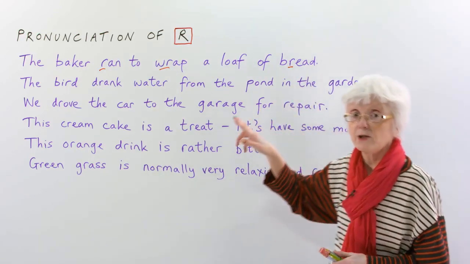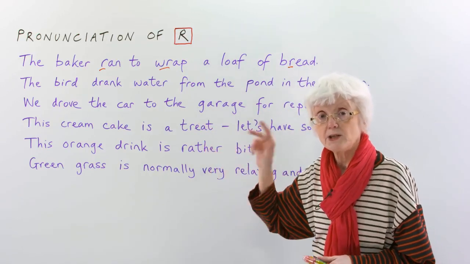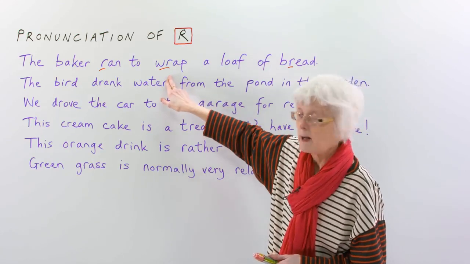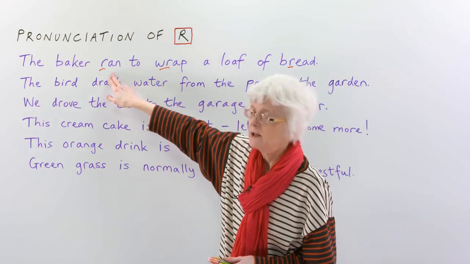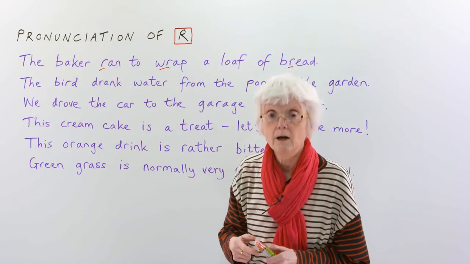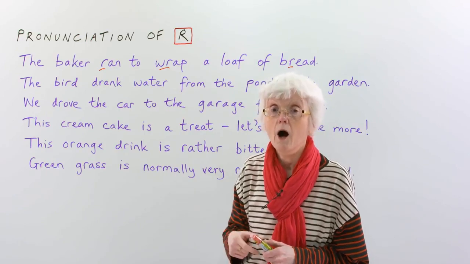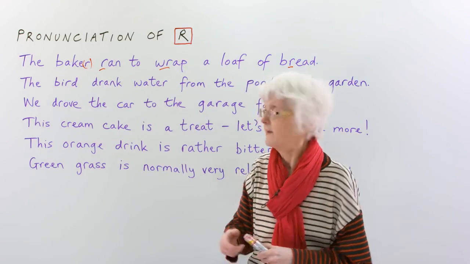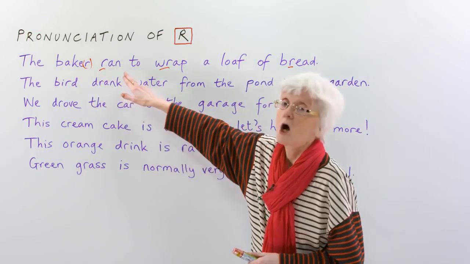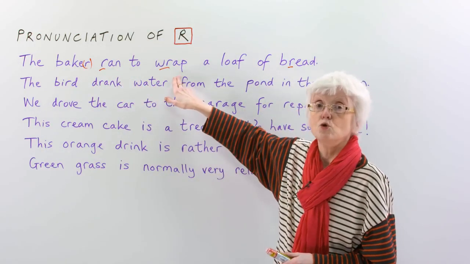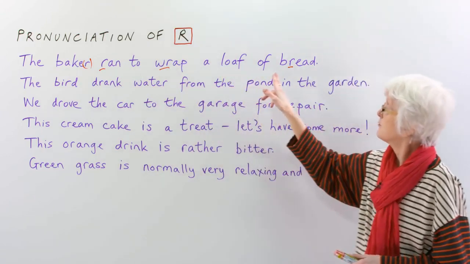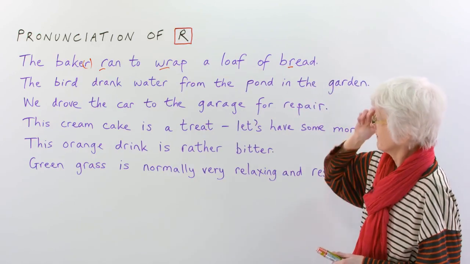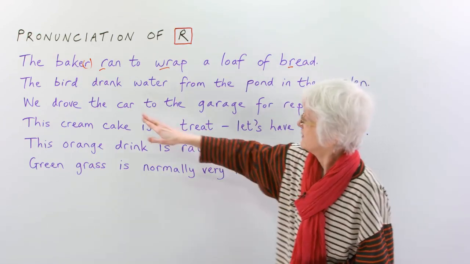Okay, so I've underlined the R which is pronounced: bread, wrap, ran, but baker is just at the end. So no R there. The baker ran to wrap a loaf of bread. Okay? Let's have a look at the next one.